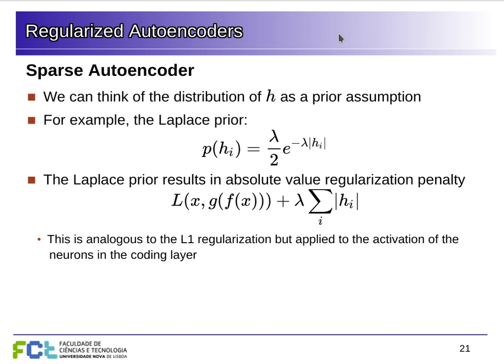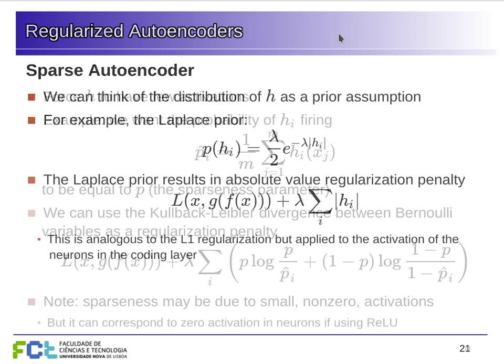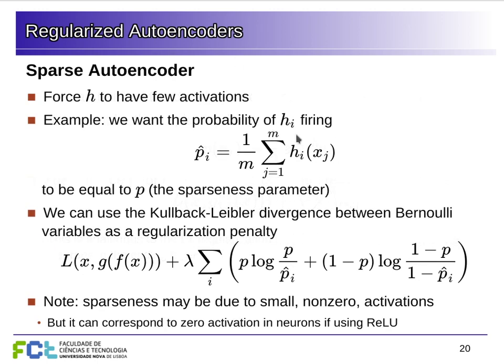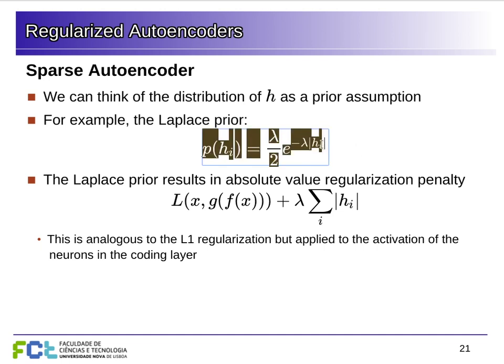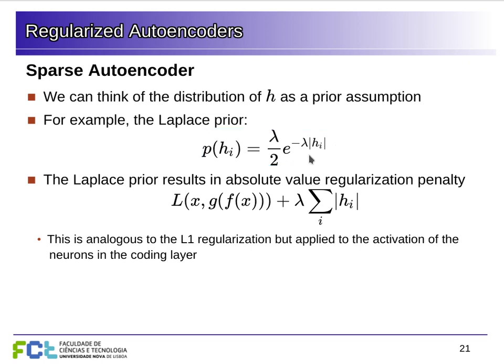And if we imagine that we have some prior probability distribution for the number of features in that hidden space, for example, this probability P with a Bernoulli variable, or for example here with the Laplace prior, this would be the distribution for having a certain number of activations here. This is the absolute value for any activation. So we have a probability of some neuron being active, and we can consider this added up for all the neurons in the hidden layer.